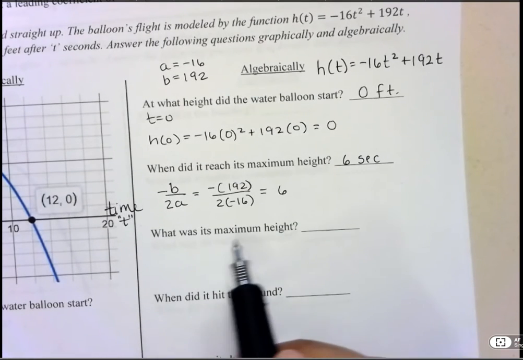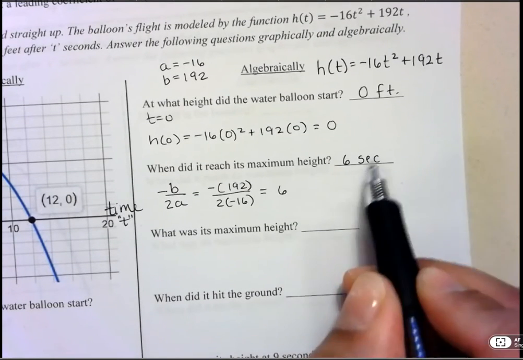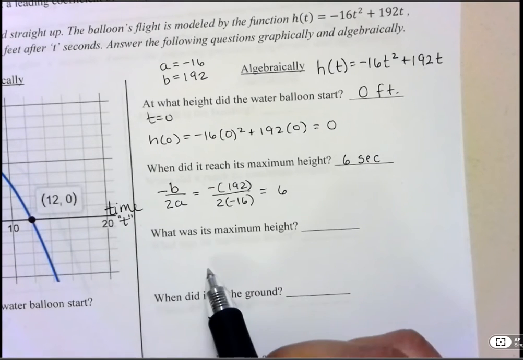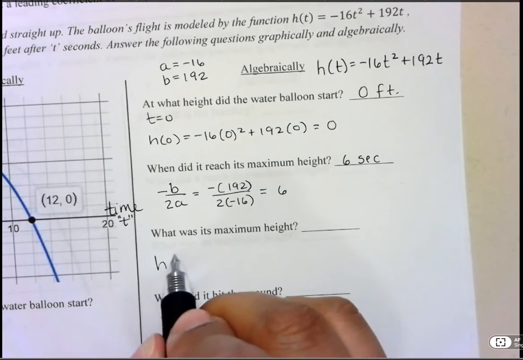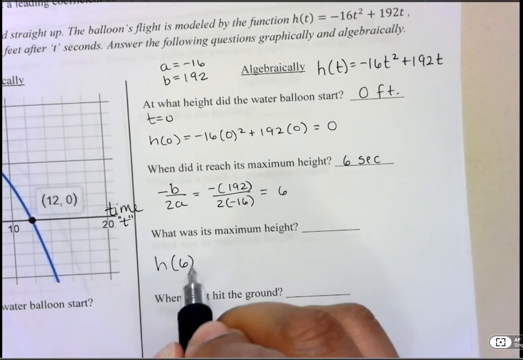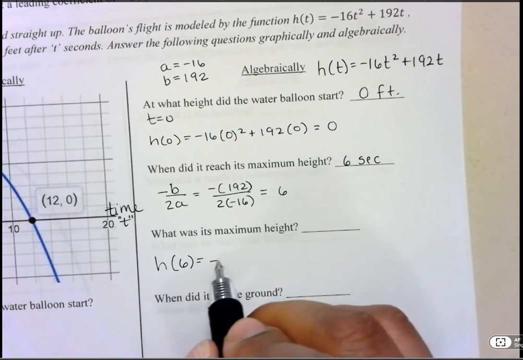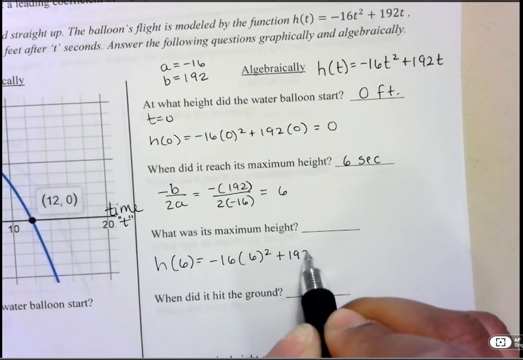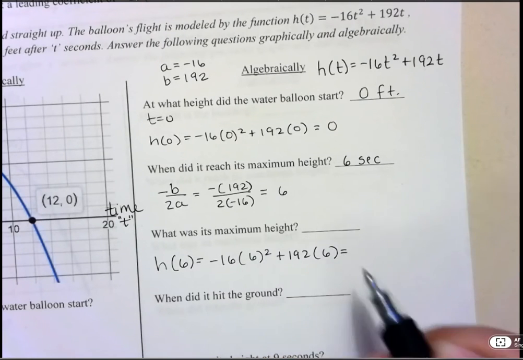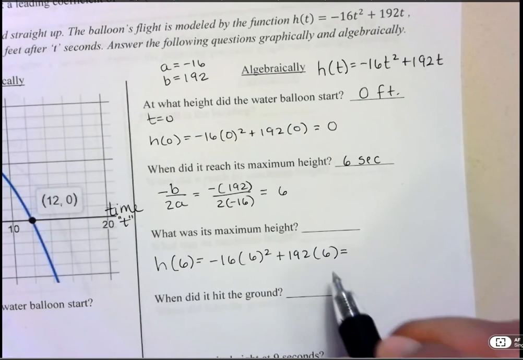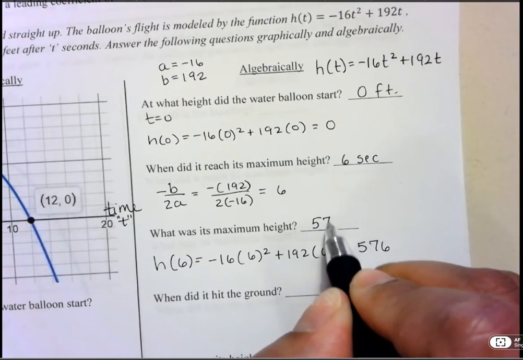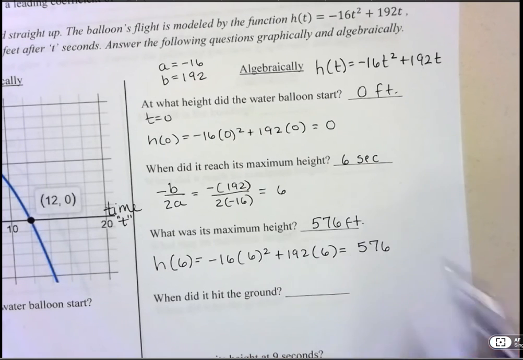If they ask you what was the maximum height, then you need to plug this time, the negative b over 2a result, into the function. So we want to find the function at time equals 6 seconds. Using your calculator, you're going to get 576. So the maximum height happens at 576 feet.